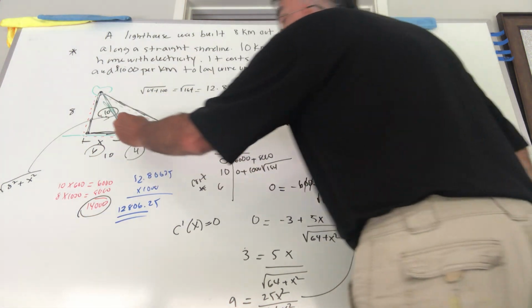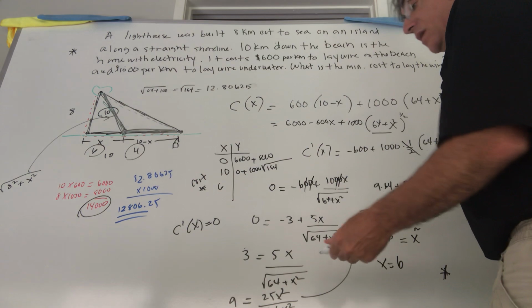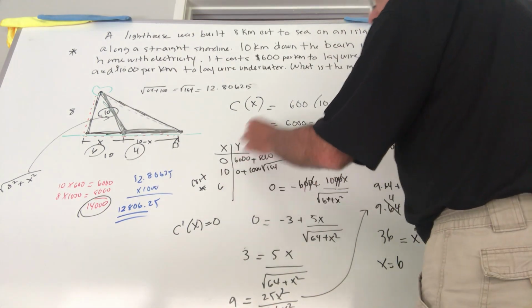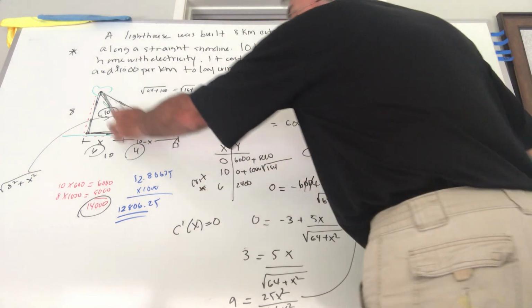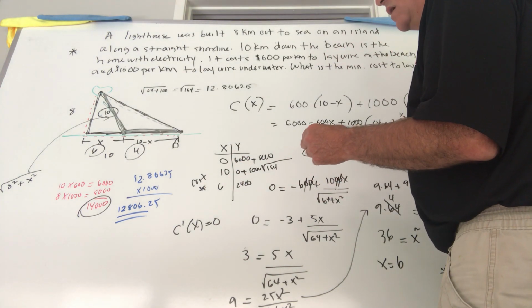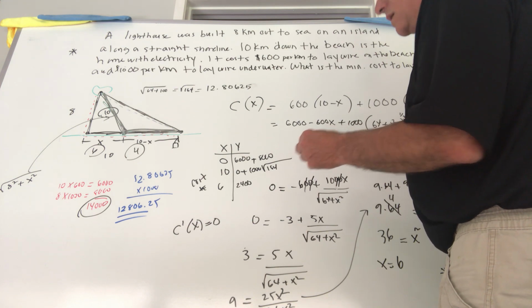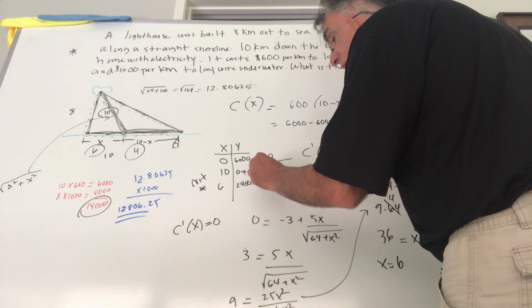So what does that mean? I have to go 4 down the beach and then 10 out to the island. If I go 4 down the beach, 4 times 600 is 2,400, and then 10 out, 10 times 1,000 is 10,000. It's 12,400.